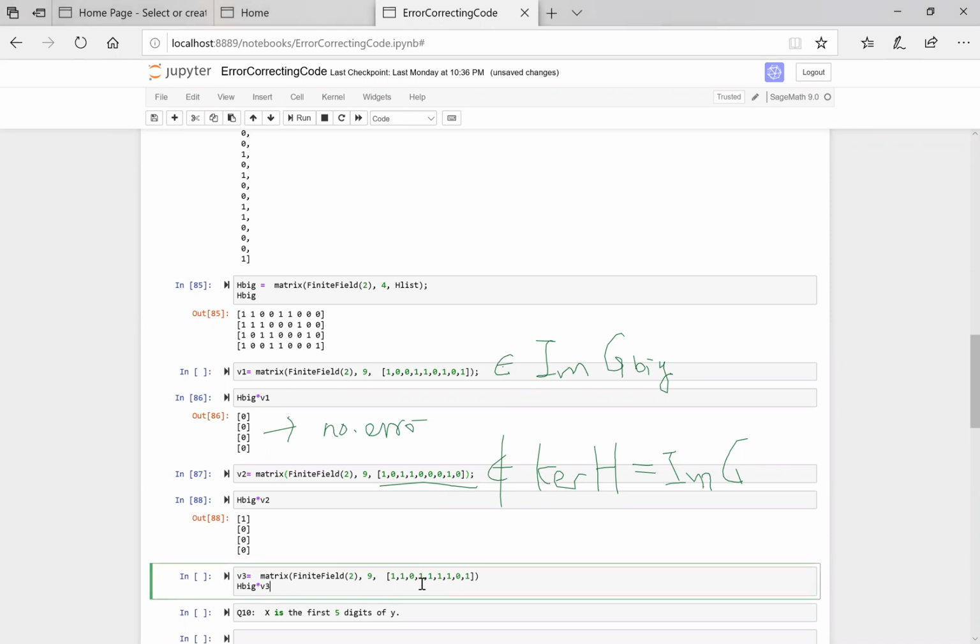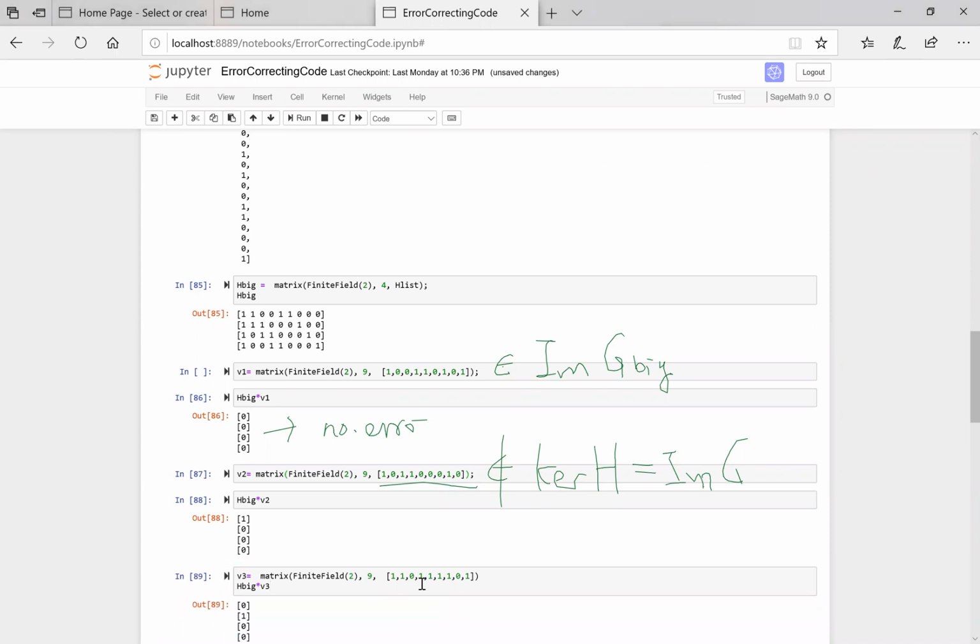I bet you are going to have still a non-zero vector, meaning that the third vector is not in the image of G. That actually matches the statement of the problem. We only have one vector that's in the image of G, meaning that we only received one correct message.